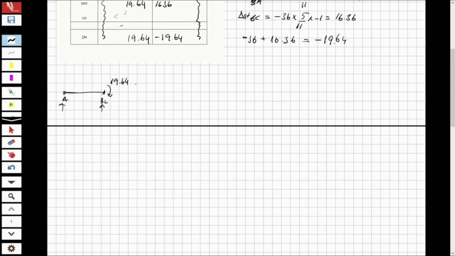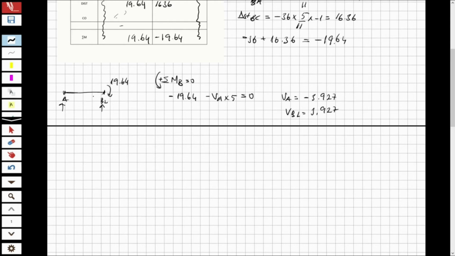And I'm going to take the moment with respect to B. So total moment at B is equal to 0, in this direction, that will be minus 19.64 minus VA times 5 is equal to 0. VA will be equal to minus 3.927. And of course, the VB left will be equal to that number, but positive.